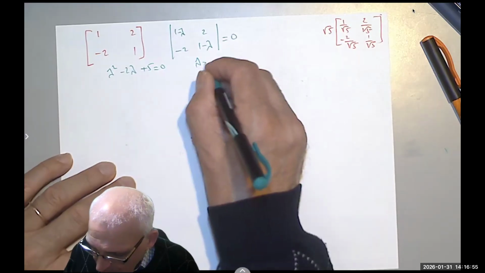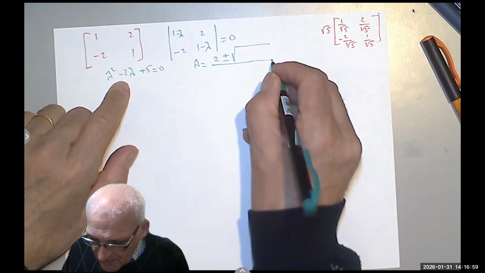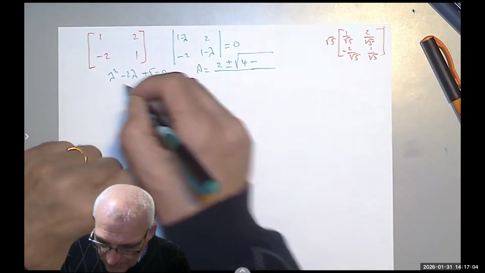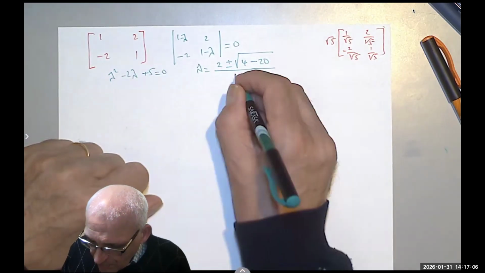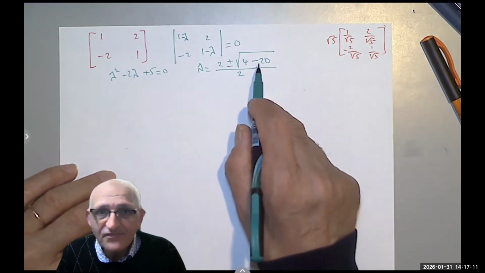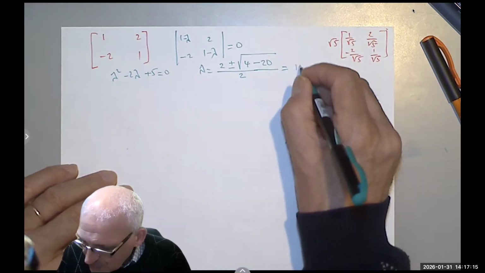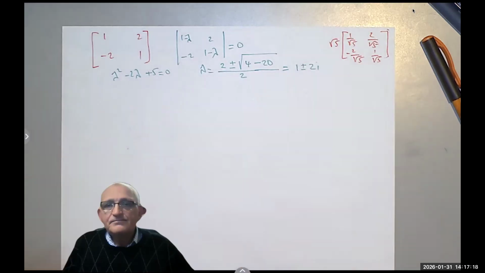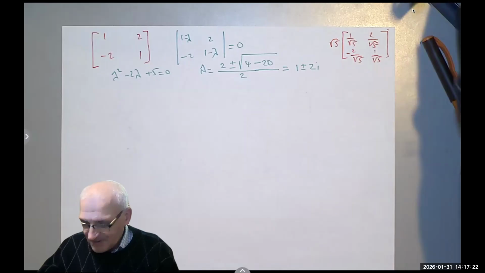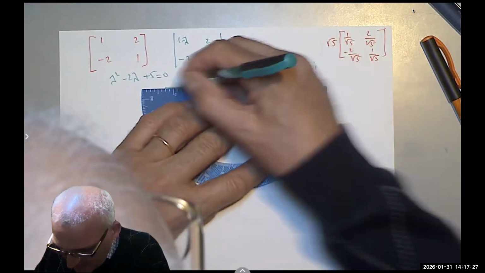So lambda equals negative b plus or minus the square root of b squared minus 4ac over 2, minus 20. This is negative 16. Square root of negative 16 is 4i. 2 plus or minus 4i over 2 is 1 plus or minus 2i. Let's do both eigenvectors now, because last time I did only one and I thought I had them both.